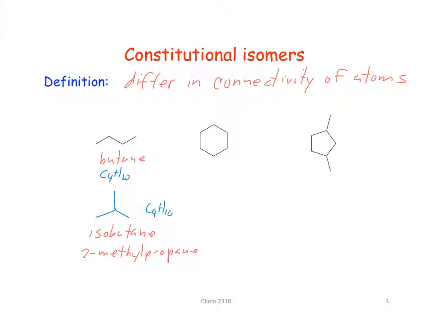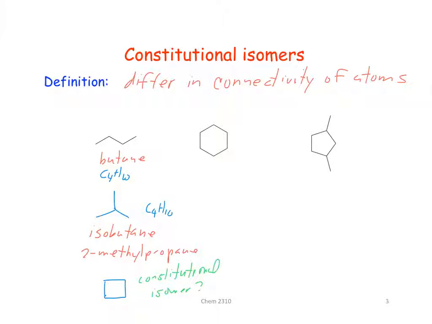What about a molecule like cyclobutane? Is that a constitutional isomer of butane and isobutane? The first thing we'd have to figure out is if it has the same formula.